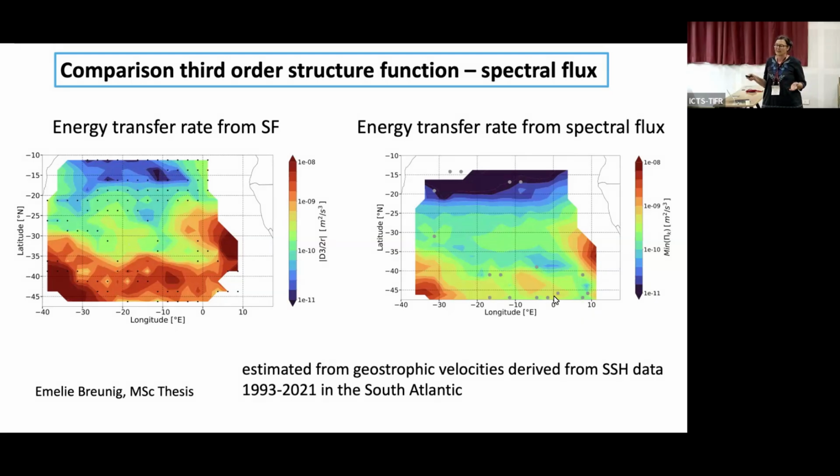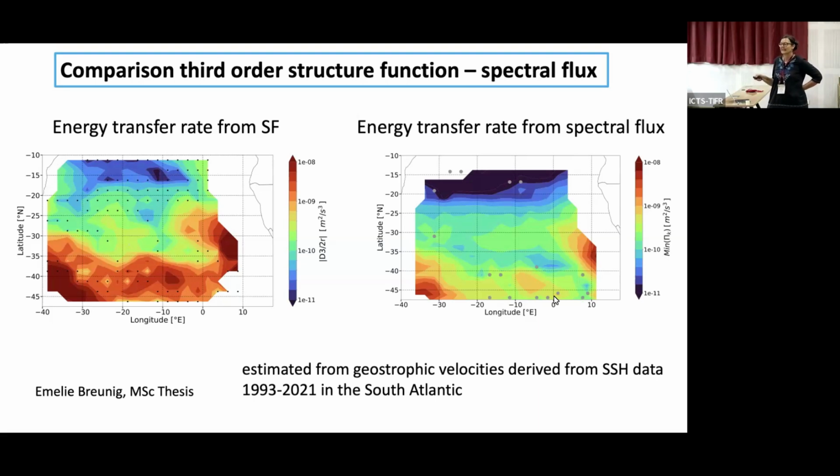She took the satellite data, where we know we can diagnose the inverse cascade from the spectral fluxes. And so this is shown here. This is the South Atlantic Ocean. And now you can also calculate this energy transfer rate from the structure function method.